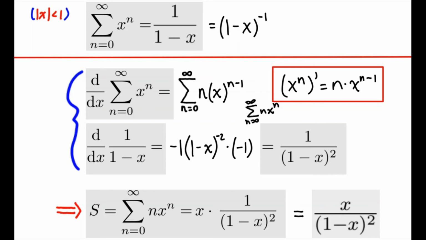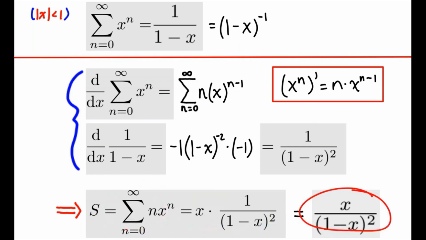However, this does not match up with this over here, because it has x to the n minus 1 instead of n. So we can just multiply both sides by x, leaving us with the fact that this over here is equal to this times x, which is equal to our answer, x divided by (1 minus x) squared.